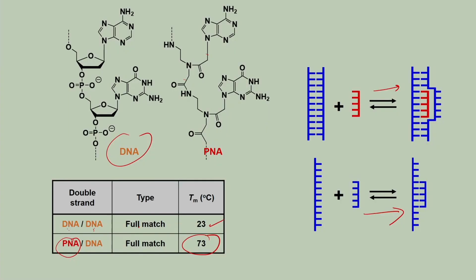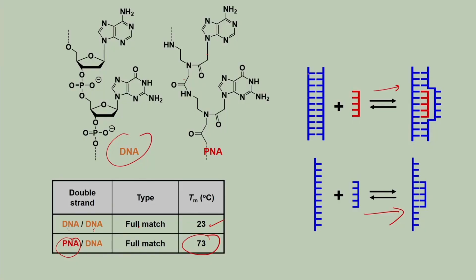So the degree or strength of hybridization is pretty high for the PNA-DNA double helix, and that is its use: you can use this hybridization property to find the presence of single point mutations. We have talked about the binding patterns generated by PNA.